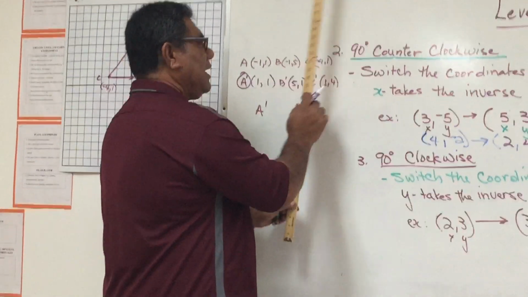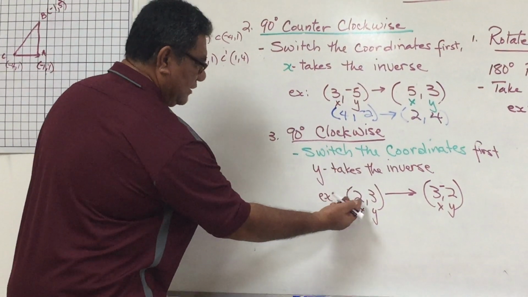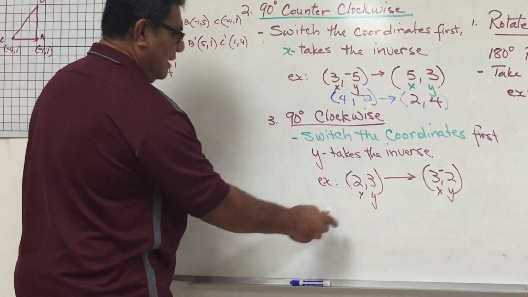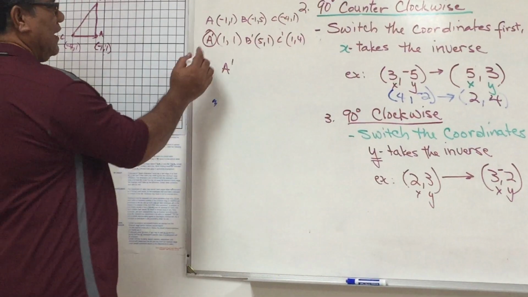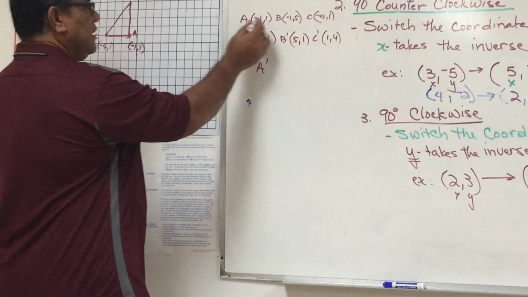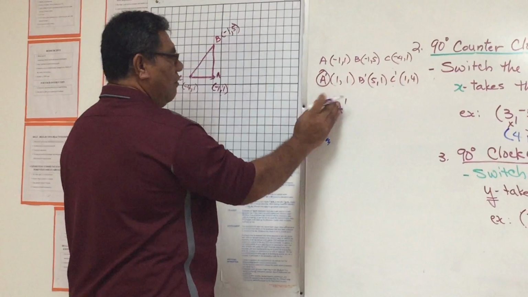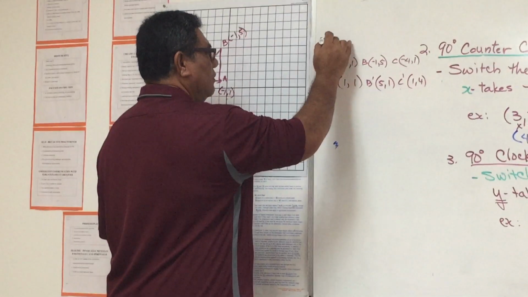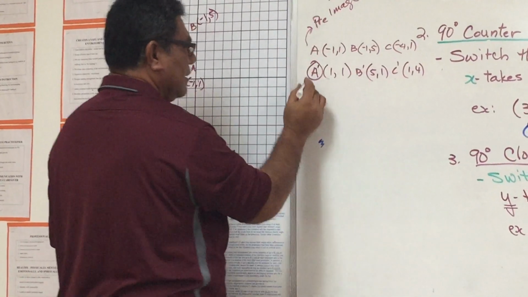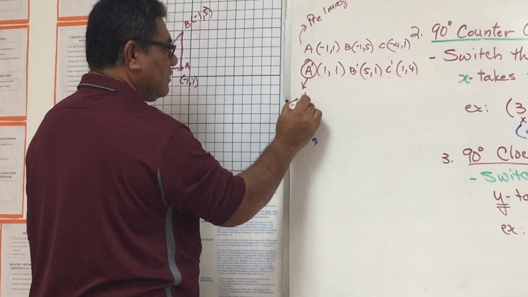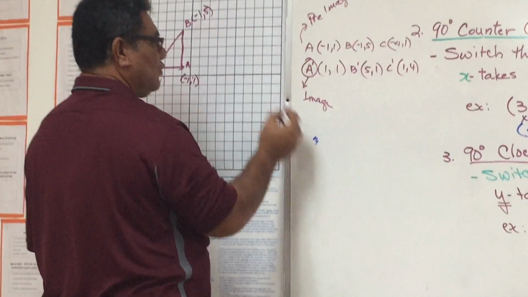That means for the rotation we need to switch the coordinates, and then y takes the opposite. This is our pre-image, and the new figure is called the image of the pre-image.